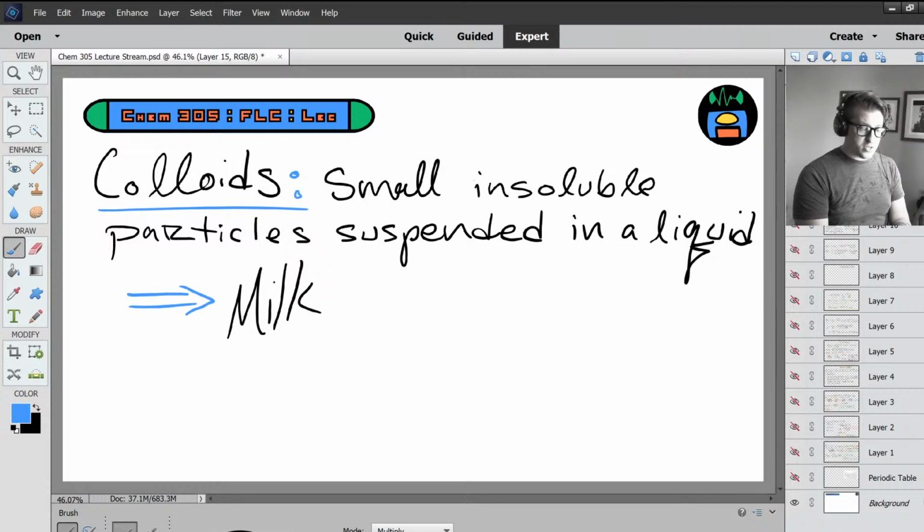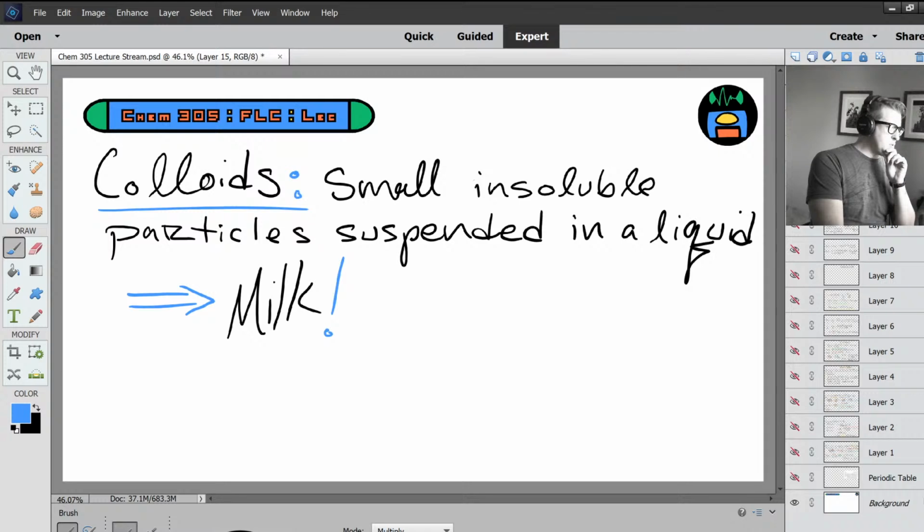Milk is a colloid. There's a fine dusting of calcium particles that are suspended in the liquid, but those calcium particles have not actually been dissolved by the liquid water. They're just floating in solution and they never settle to the bottom. That's what a colloid is.